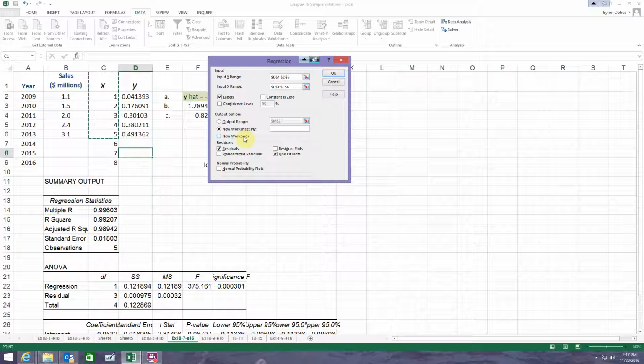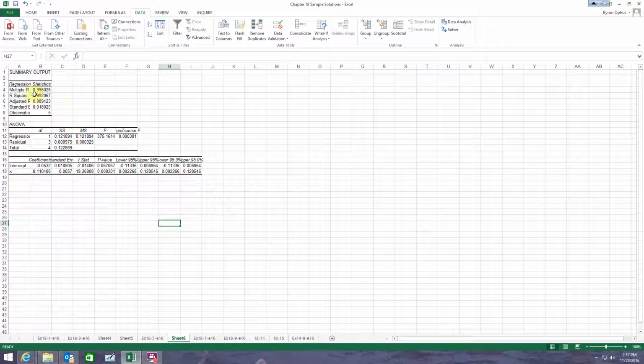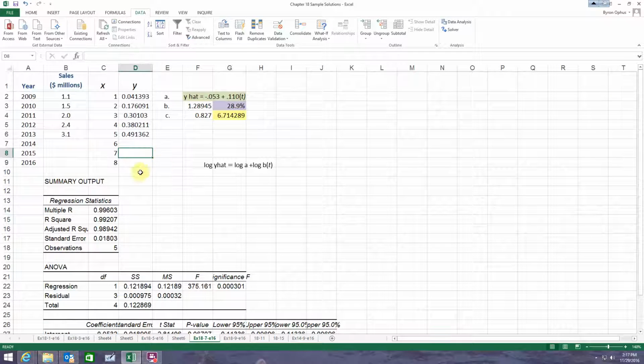Got labels, yep. I'm not going to do the line fit plots, okay, and I don't need the residuals, because line fit, it's going to try to make it a straight line when it shouldn't be, okay. I'll just put this one on a new worksheet, and then we'll come back and take a look, just to kind of show you what happens here. Hopefully I got it right. Looks right. Okay, so there's the output, and then go back to the one we were working on.